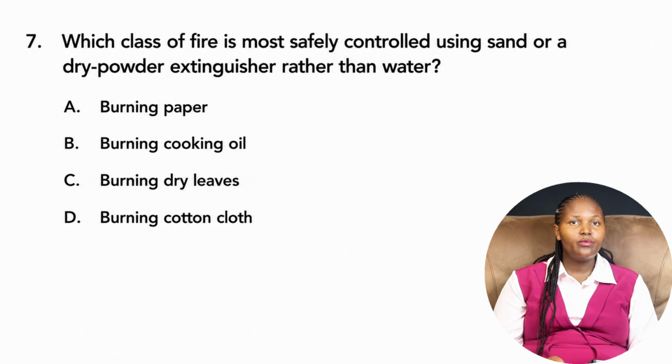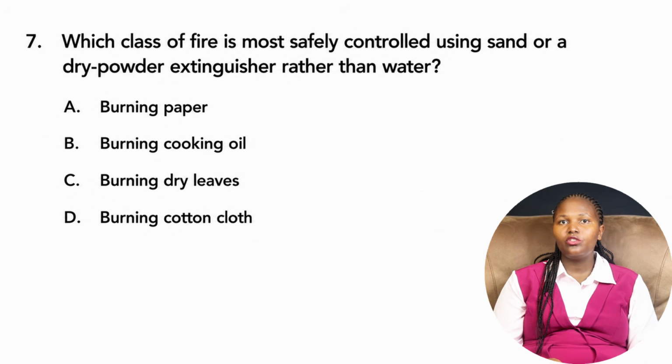Now, why are the other options not correct? I'm going to tell you. For example, for A, when it comes to burning paper, water can be used in many ordinary solid fires like paper when safe. And then B, burning cooking oil, that is correct because water can spread hot oil and cause violent splashing.